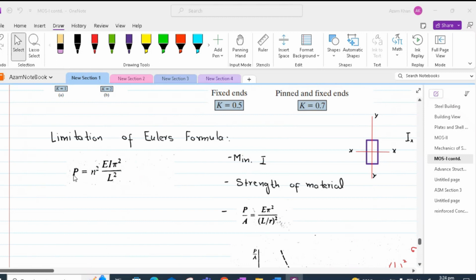Now we will discuss limitations of the Euler formula. The Euler formula gives us the buckling load, which is P critical equal to n square EI pi square by Le square. One important thing to observe is that the critical load for a cross section having minimum I will be the controlling load.